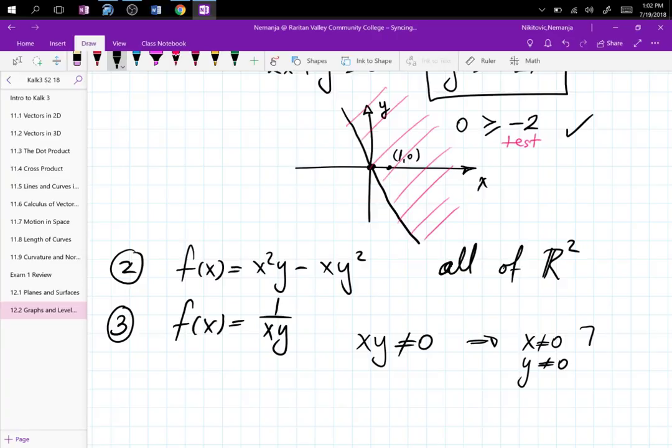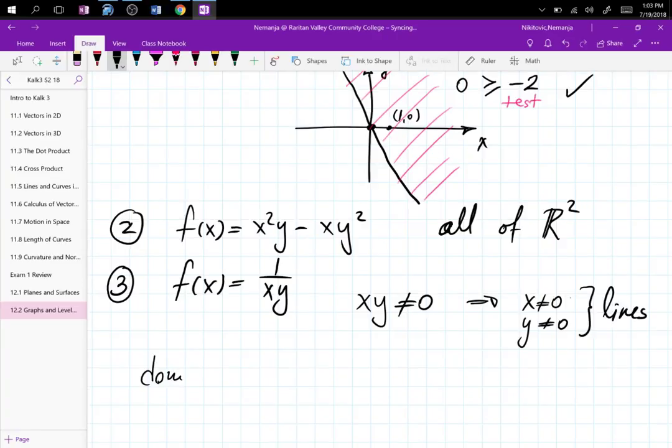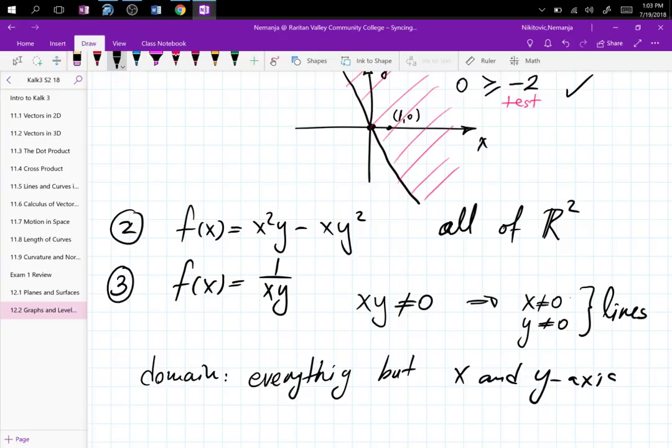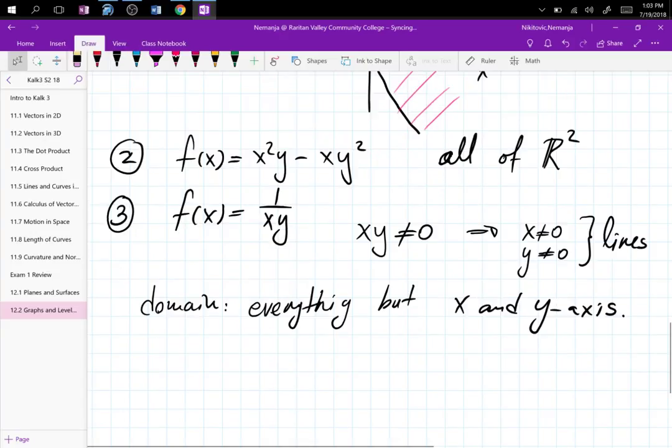So the domain for this problem is everything but the x and y axes.